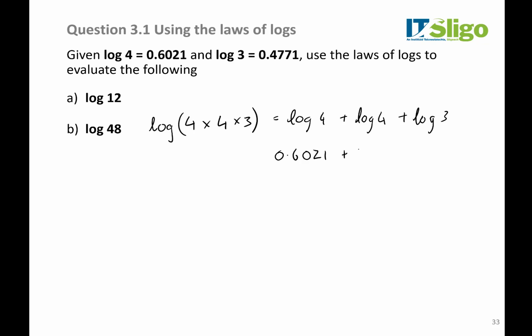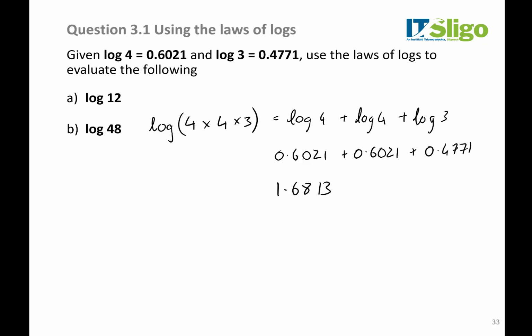0.6021 plus 0.4771. Get the calculator. And we get 1.6813.